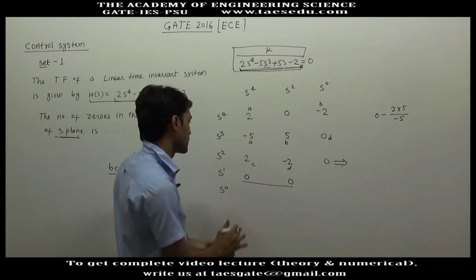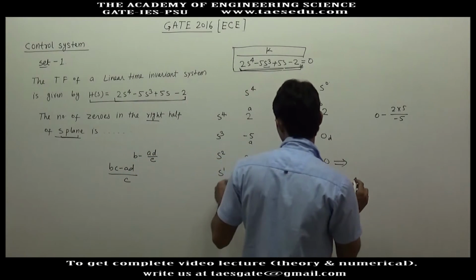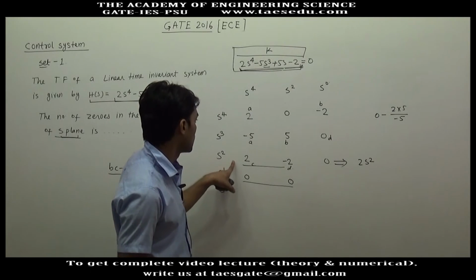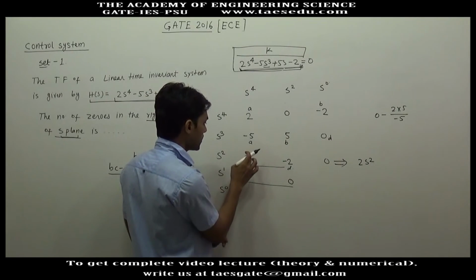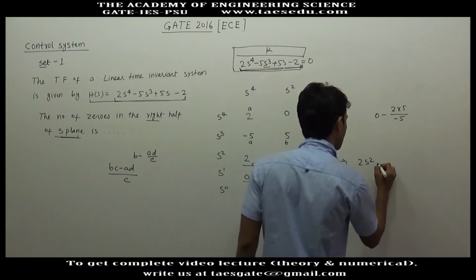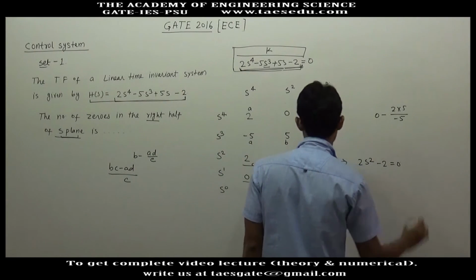So what will the characteristic equation be here? We will have 2s square, and here you have s square, this will be s to power 0. 2s square minus 2 equal to 0.